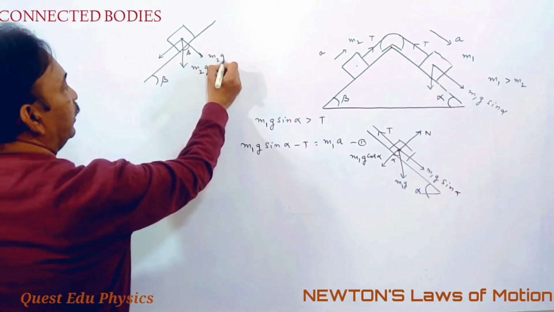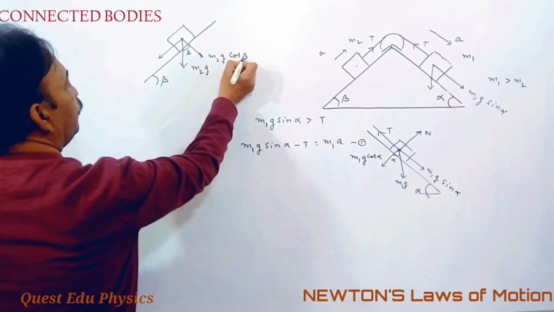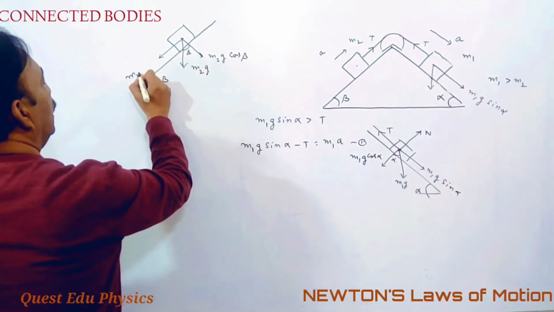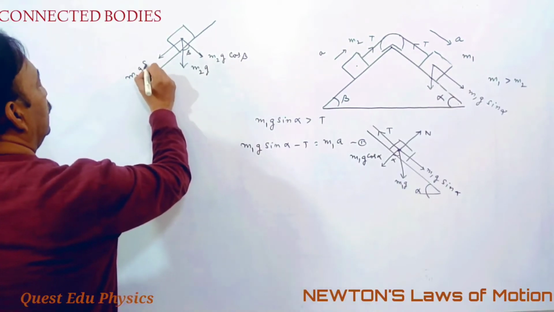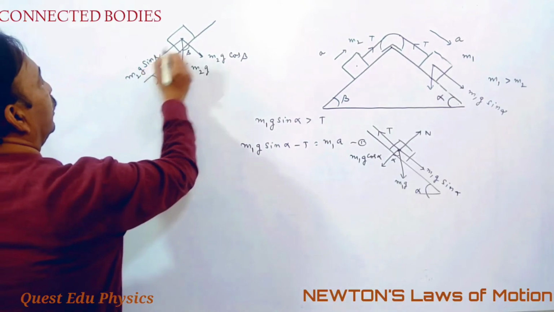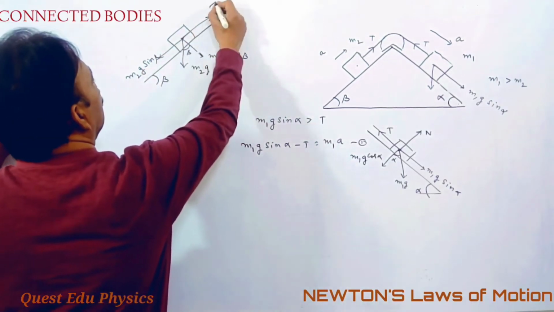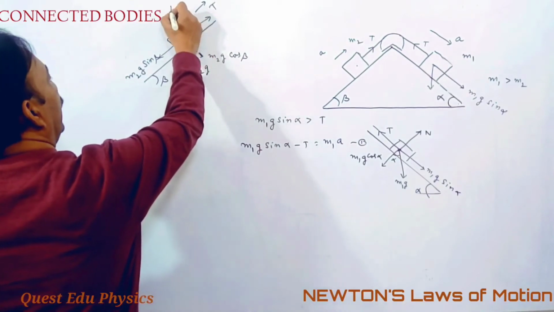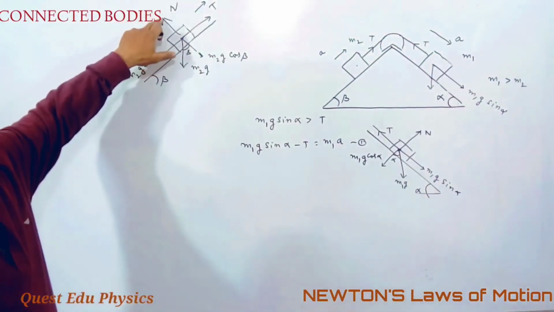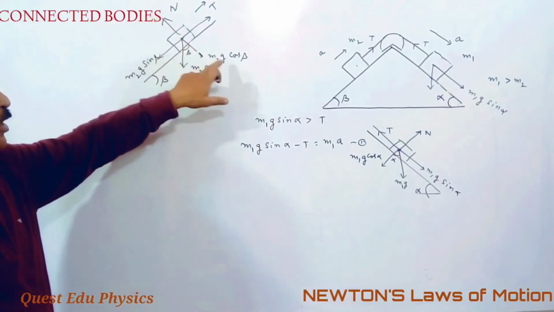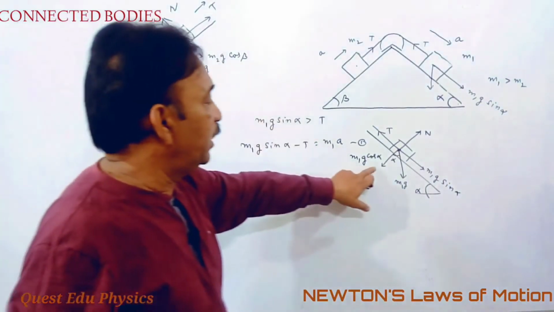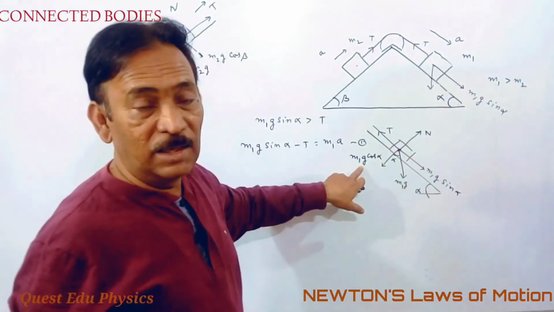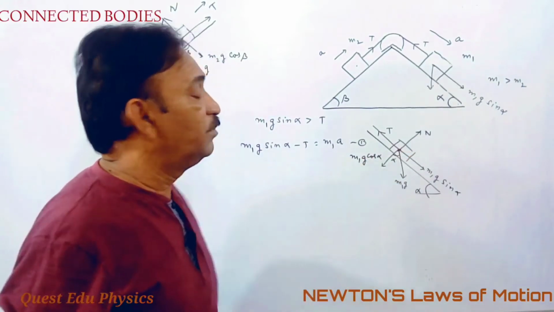It is M2G cos beta, and it is M2G sin beta, and it is the tension, this is the direction of acceleration, and this is the normal reaction. Normal reaction balances with M2G cos beta. The same thing which is happening here is balanced with M1G cos alpha.